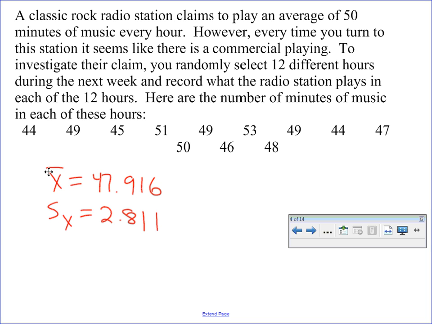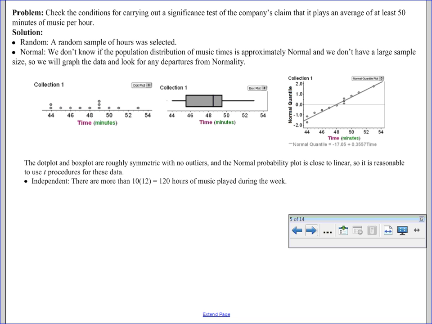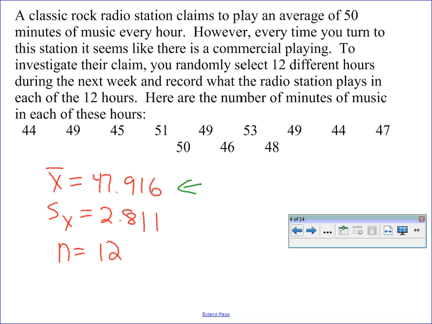This is clearly below the 50. But is it enough below the 50 that we can say, aha, you, sir, are not telling the truth? Oh, one more piece of information. Our sample size is 12. Now, with the sample size of 12, we're going to have to check our conditions for normality. Also, we're going to need to set up our null hypothesis.